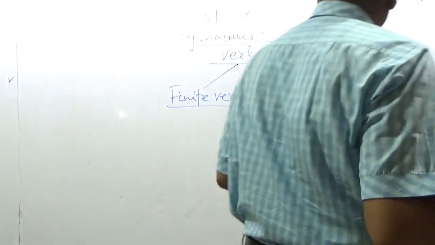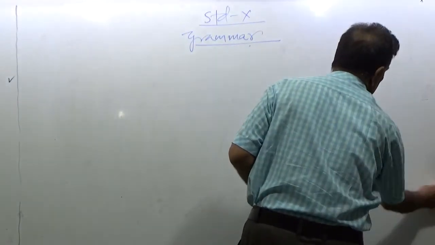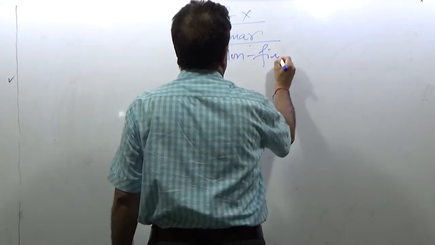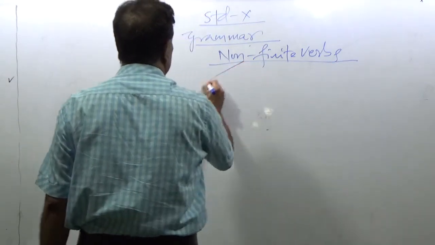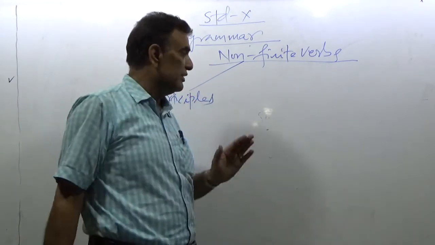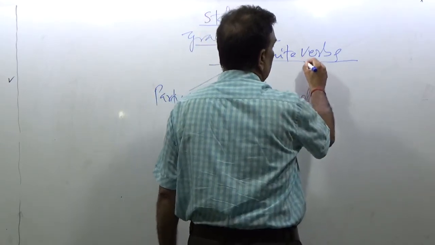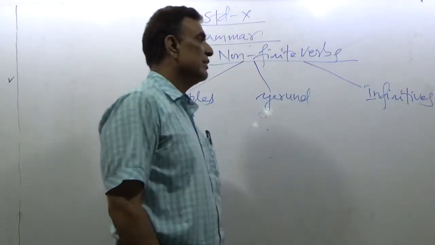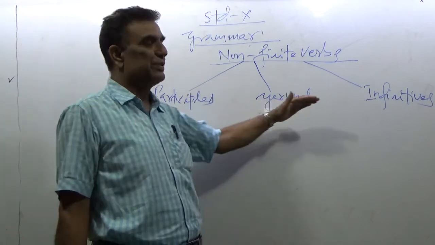Now let us take non-finite verbs. Non-finite verbs are of three kinds: participles, gerund, and infinitives. So the non-finite verb is of three types.